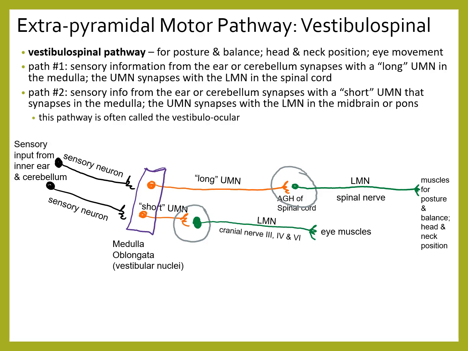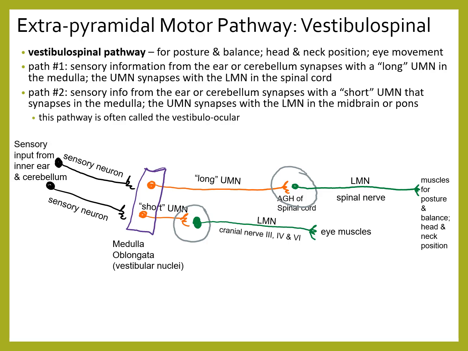The major pathway of the vestibulospinal tract is the one that I diagram here in the top. It's called path 1. Sensory information is going to come in from the ear or from the cerebellum, and that sensory information is going to connect up with an upper motor neuron that starts in the medulla oblongata. Specifically, this upper motor neuron originates in the vestibular nuclei of the medulla oblongata. This upper motor neuron is diagrammed here in orange.